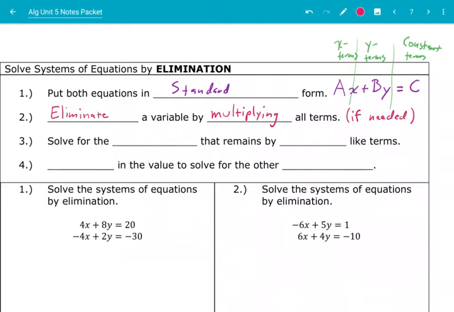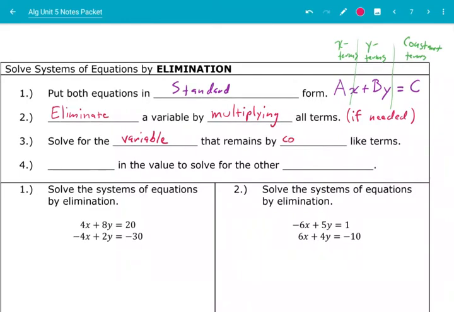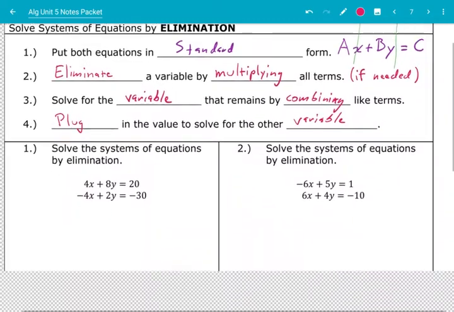Then we solve for the variable that remains by combining like terms. That's step 3. And then the last step is to plug in the value to solve for the other variable. All this will become clear here in just a second.